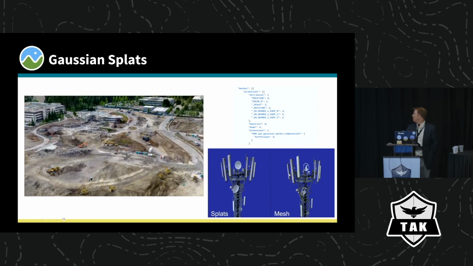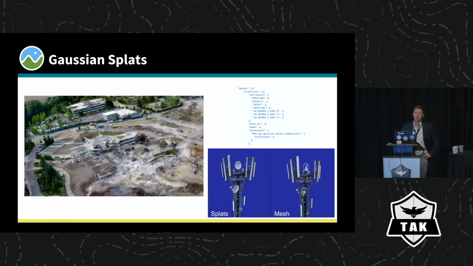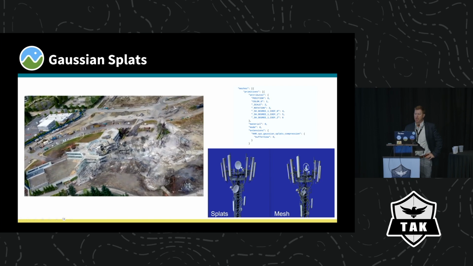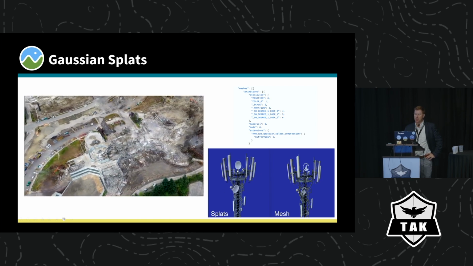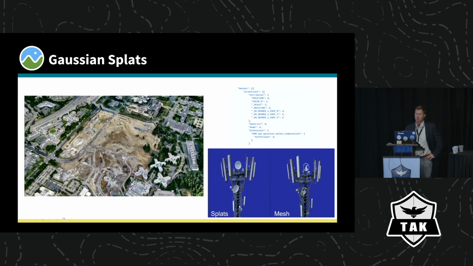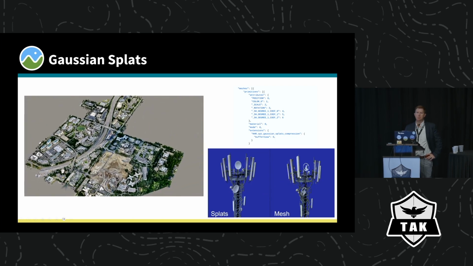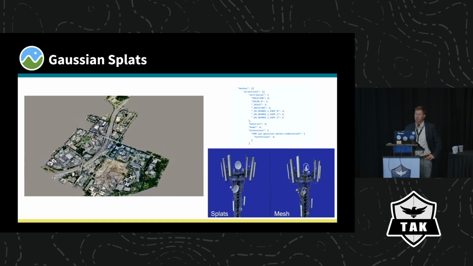This picture really provides a good summary if you're not familiar with Gaussian splats. On the left here, you have the Gaussian splat of the tower, where you can see it's very accurate and all the wires and pieces are preserved. On the right-hand side, you see the mesh, which is the typical photogrammetry type of processing, where you lose some of that accuracy.